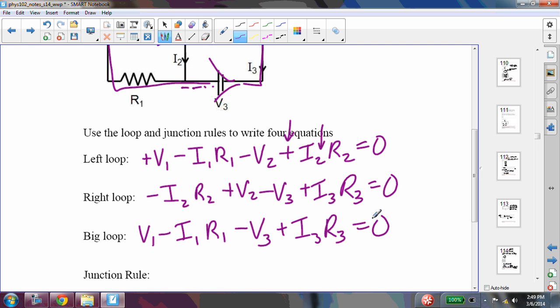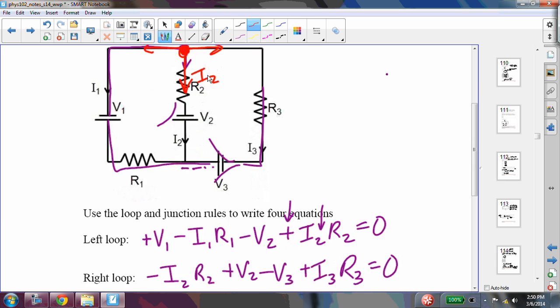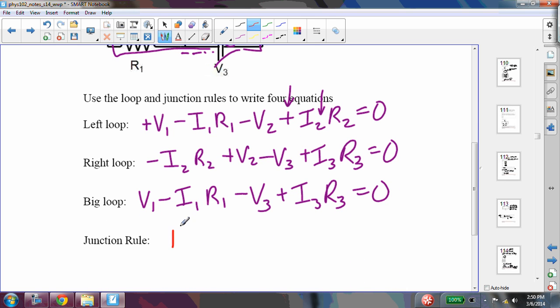For the junction rule, you just pick any one junction. I'll take this junction up here, and you say I in equals I out. Notice here I have I1 going out, I2 going out, and I3 going out. So what that means is there is no I in, the way that I have it drawn.